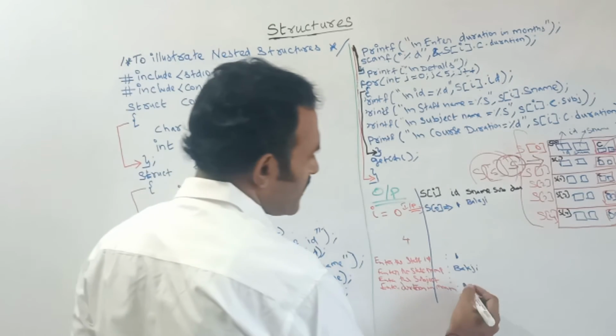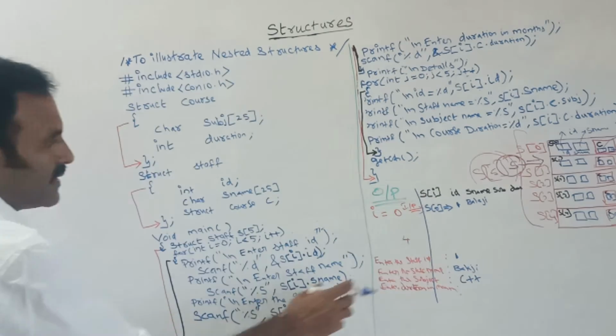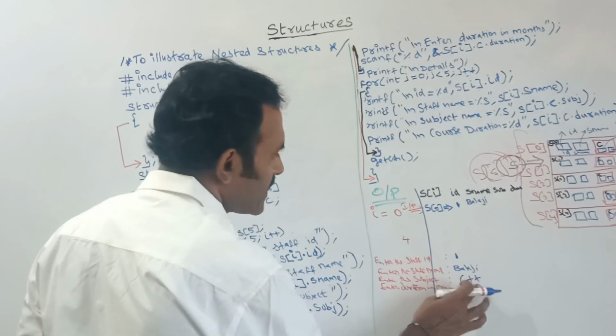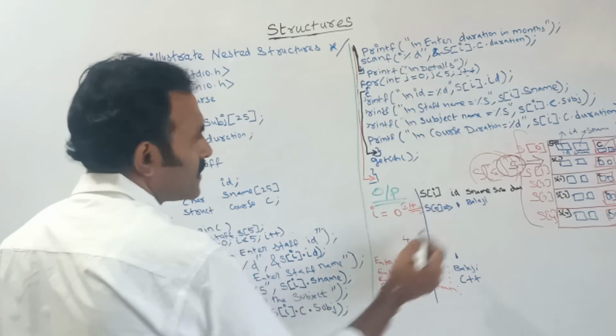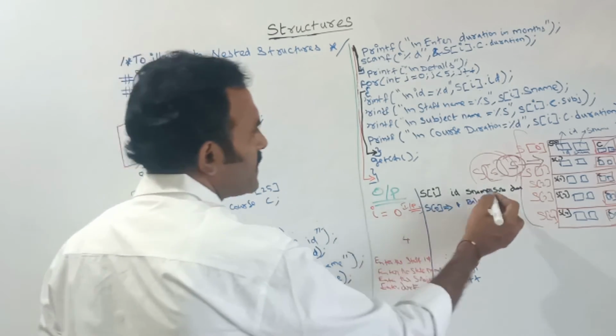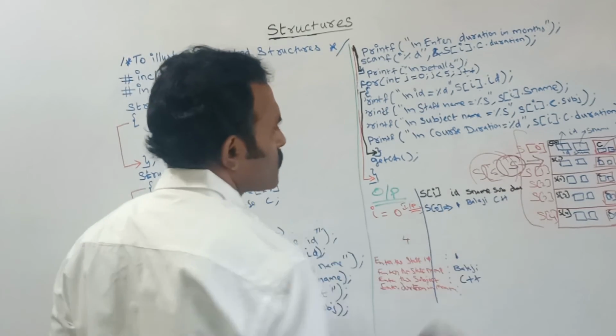Suppose I give C++, then this string will be stored to S of 0 dot C dot subject.